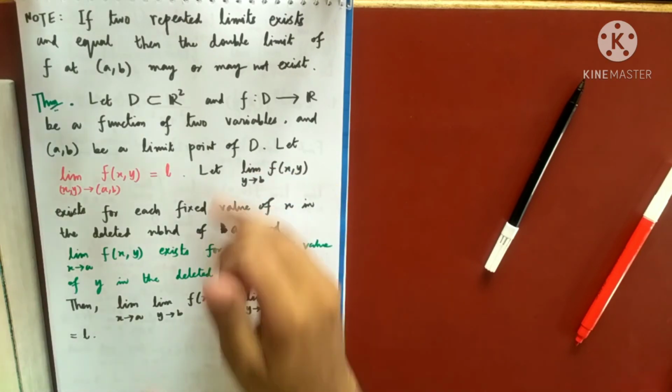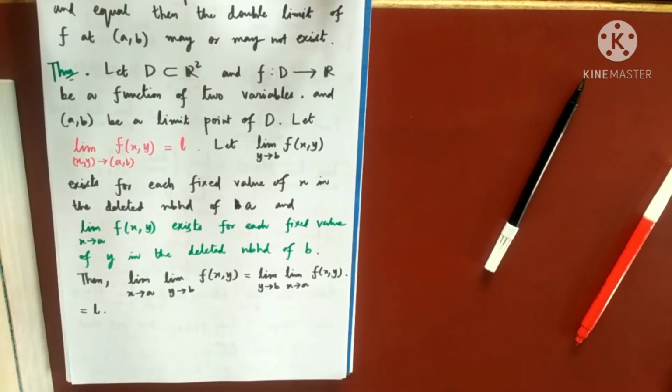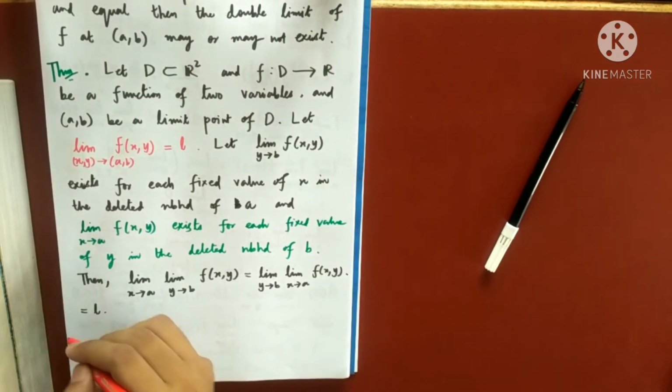But if this condition is not satisfied, then the double limit may not exist, and the repeated limits may not exist. Understood the theorem? So very quickly, write a note.